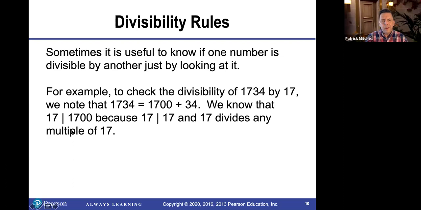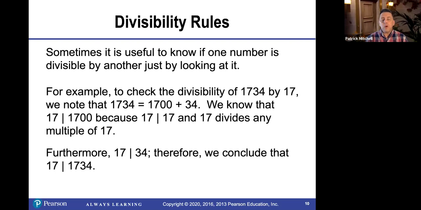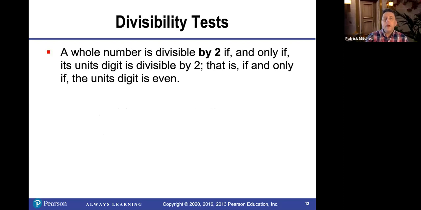And it's pretty easy to just do in your head: 1,700 divided by 17 is 100, right? Furthermore, 17 divides 34. Therefore, we conclude that 17 divides 1,734.